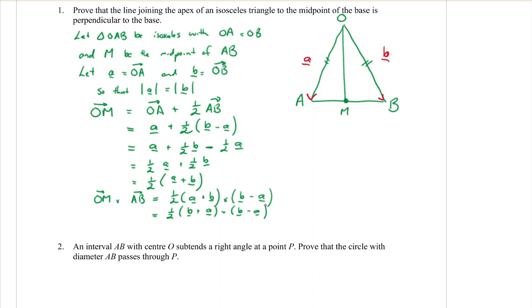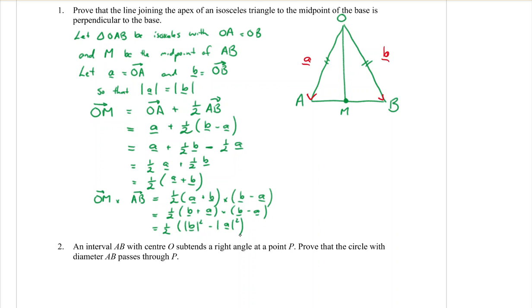Because when you multiply those vectors, let's leave the half out the front, all we do is multiply vector B times vector B, which is going to be the length of vector B squared. Remember, that's how you do that when you multiply two vectors together. And then you're going to multiply vector A with negative vector A, so negative vector A squared.